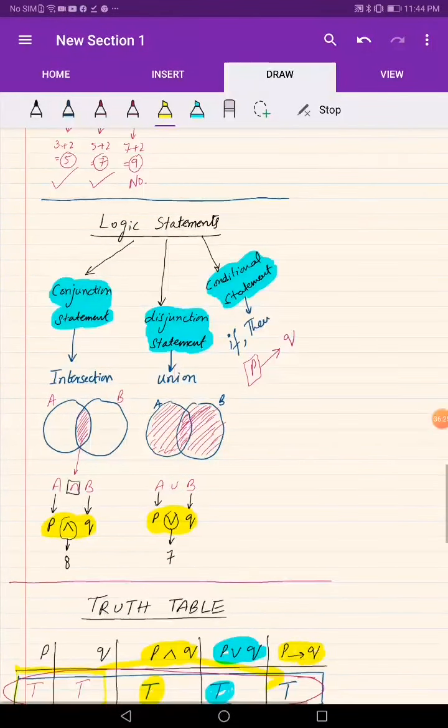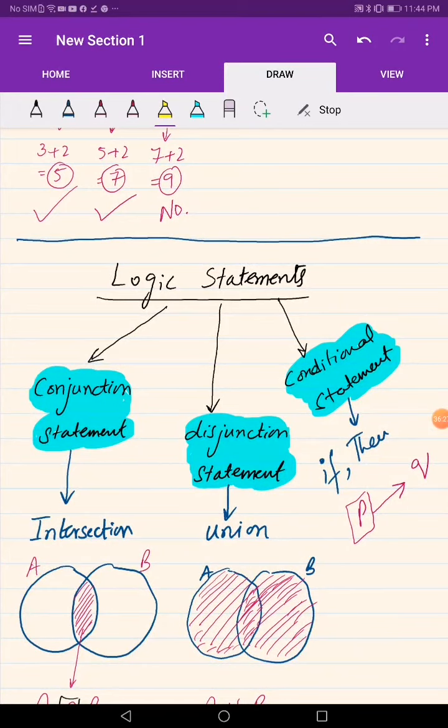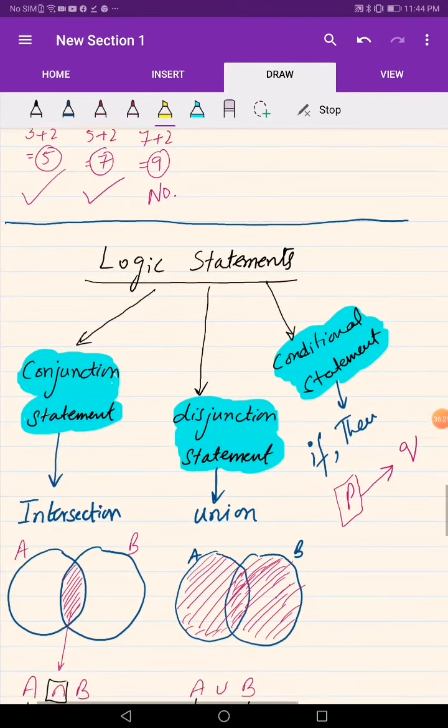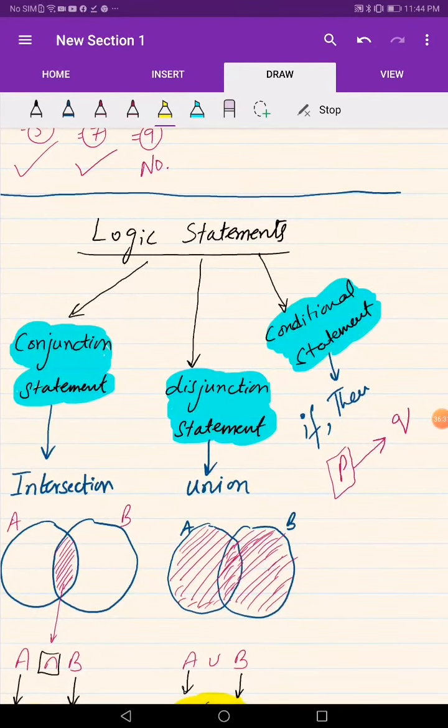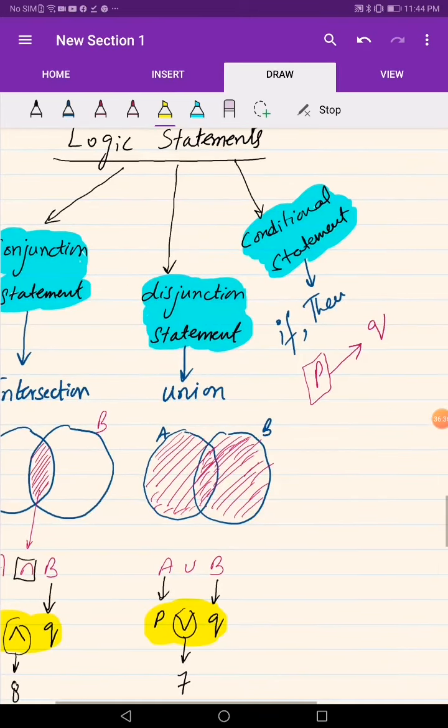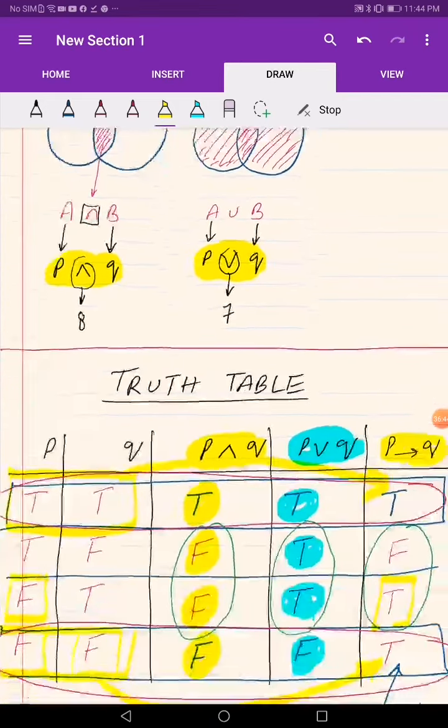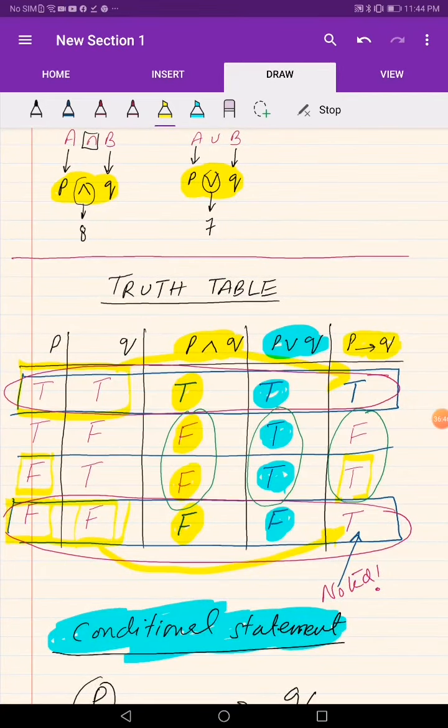There are 3 types of logic statements: the conjunction statement, which represents intersection, the disjunction statement, which represents union, which you took in set theory, and the conditional statement, that if something is happening, can it imply the next stage? So we completed a truth table, and I gave you a way to complete it.